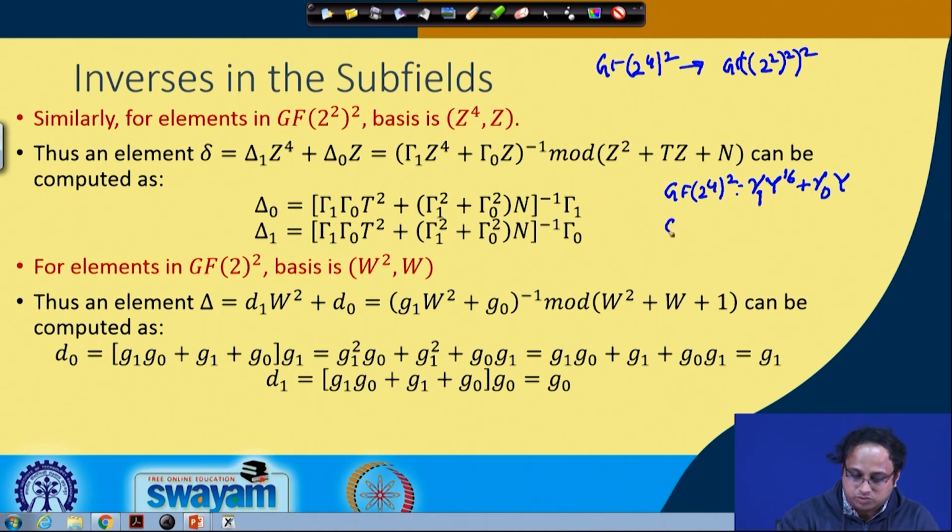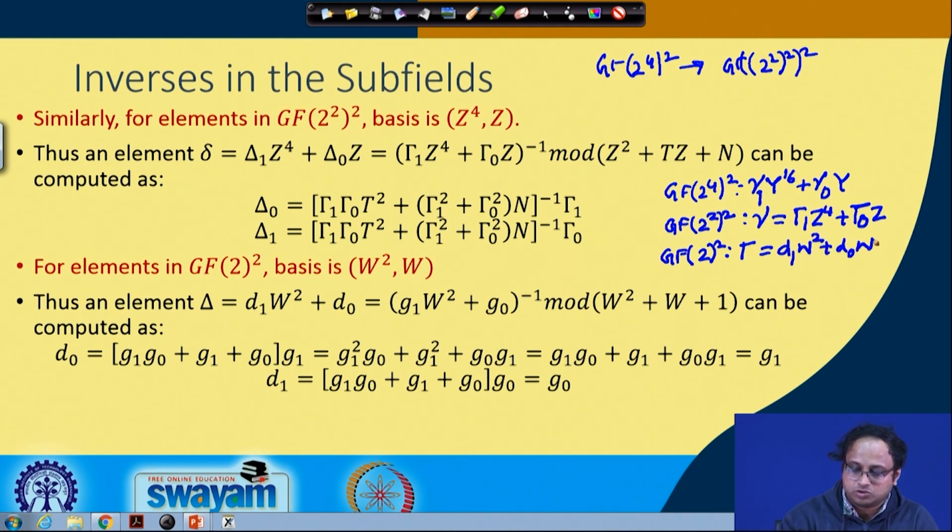Likewise, when I am expressing GF 2 power of 4 as GF 2 power of 2 whole power of 2, then I am writing a gamma which is an element in this field as gamma 1 z to the power of 4 plus gamma 0 z. This is my decomposition that I am doing, and likewise when I am writing these as GF 2 whole power of 2, then I am taking one of these capital gammas and writing this as d1 w squared plus d0 w.